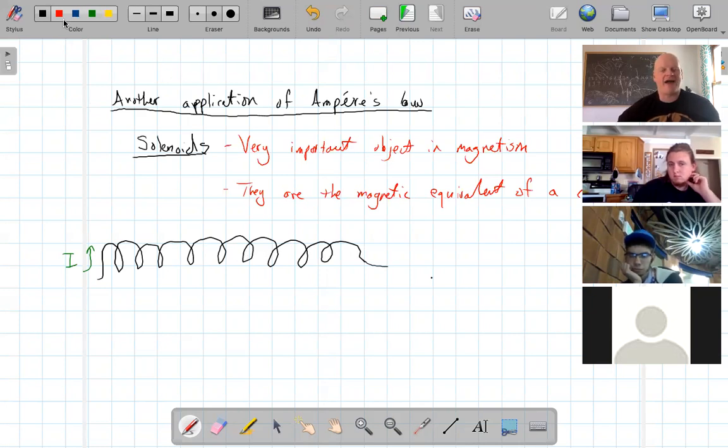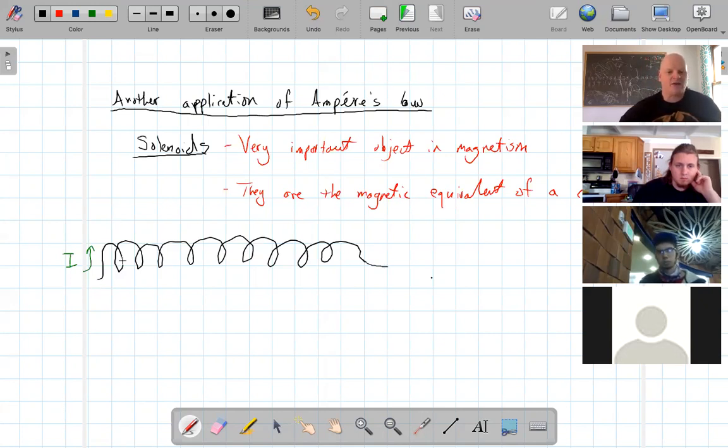We'll talk about why next chapter. But basically, you have to do work to overcome what's called a back current, which means it takes work to fully charge this thing up with current. So the purpose of putting a solenoid in a circuit is to do the same thing as a capacitor, which is to store energy for later use. But for now, let's just talk about what a solenoid is.